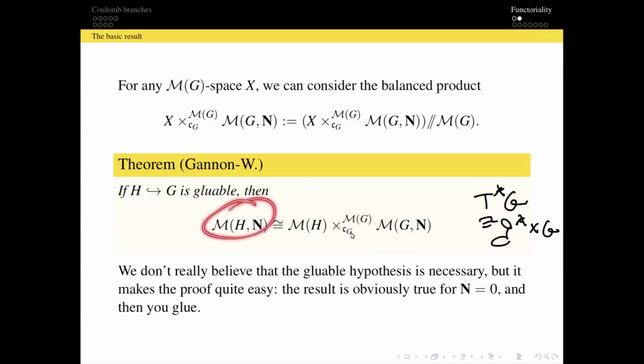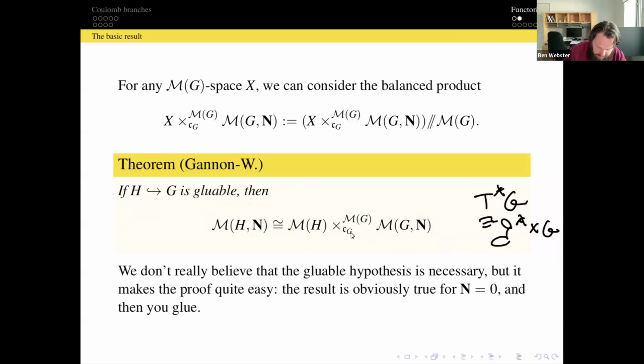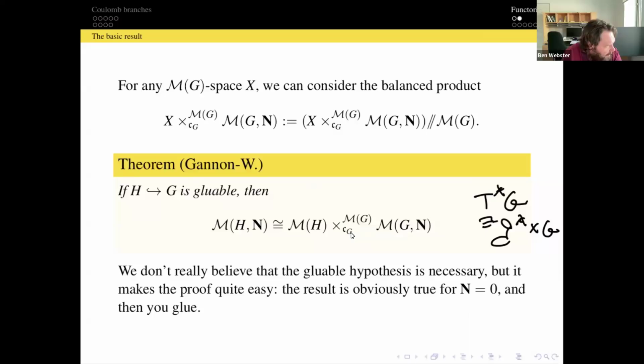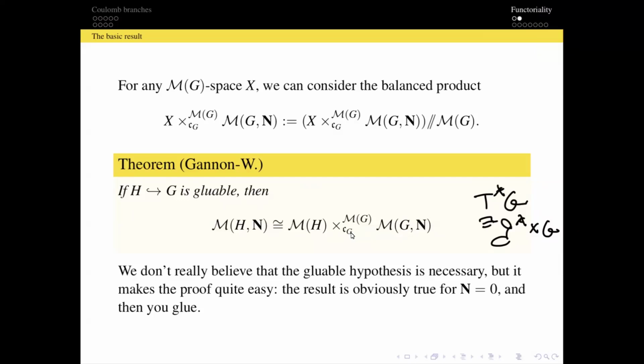Right, but why does the M of G have to act on the M of H? Obviously, you could have an H star across H, and you have this G star across G, and it's like you're saying that the G is acting on the H or something. Well, I have to somehow incorporate the information of how H is a subgroup of G. Yeah, but normally H acts on G by multiplication, not the other way around.